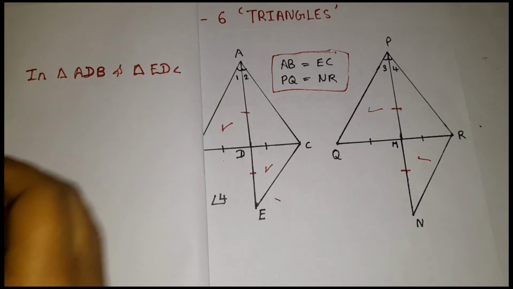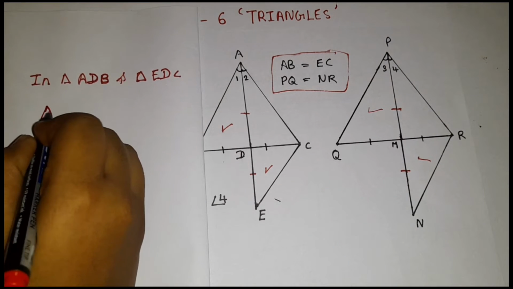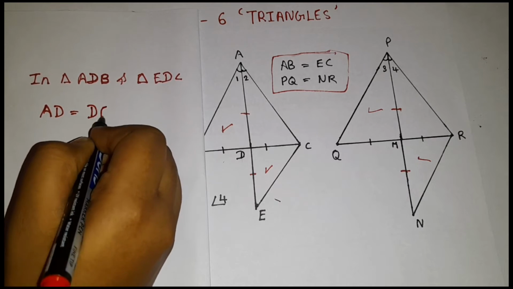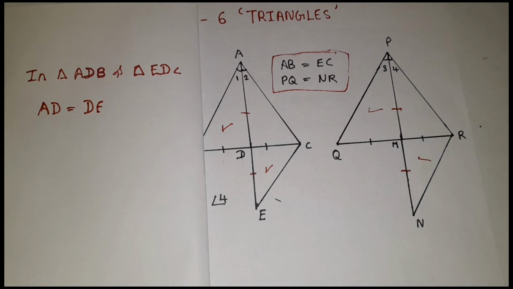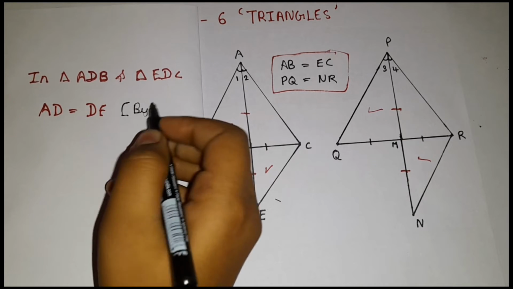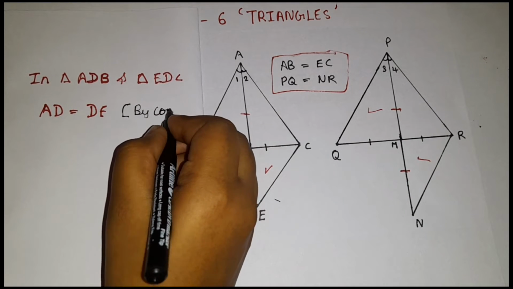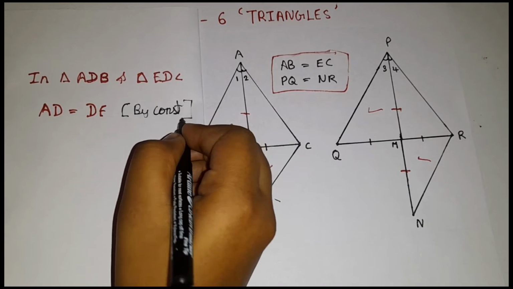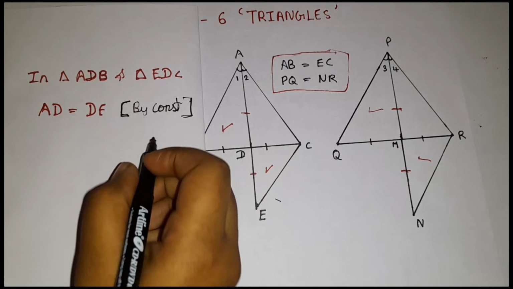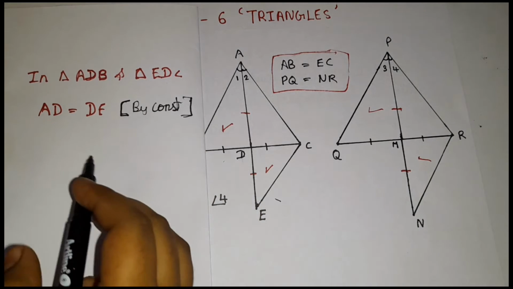I'll tell you why I wrote that. AD is equal to DE. Why? Because by construction. Write the full spelling of that: by construction.